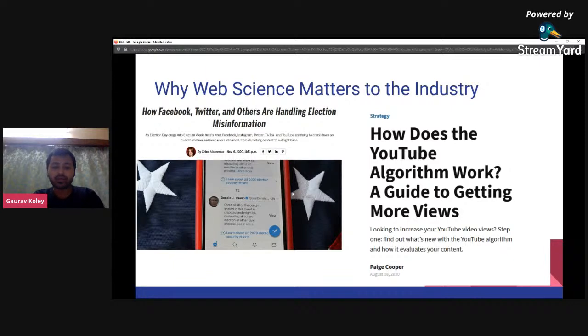And so all of that becomes a huge problem for these companies, and how they handle that, how they set up their algorithms to identify what can possibly be misinformation. All of that they're able to do because of web science. Web science is broadly the domain of, again, understanding how the web affects us and the variety of tools that you use.